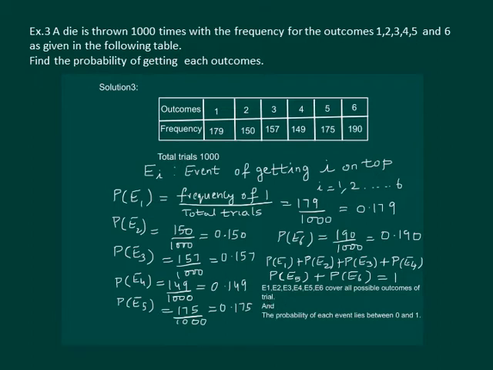And we should also note that the probability of each event, that is E1 or E2 or any one of these, is between 0 and 1.